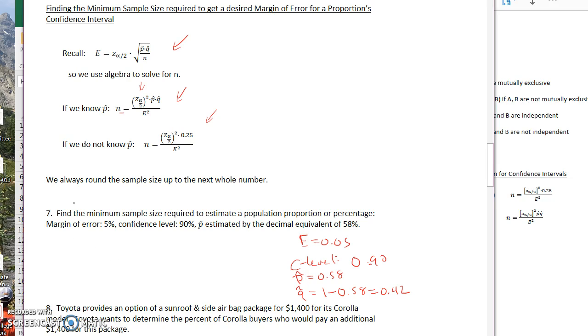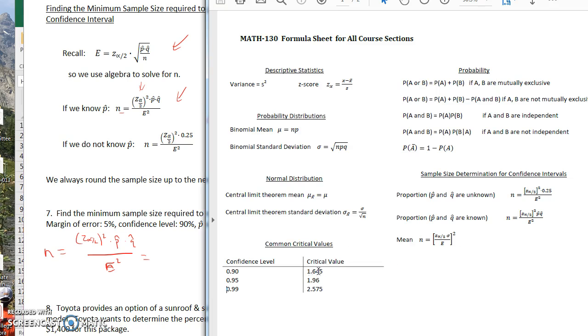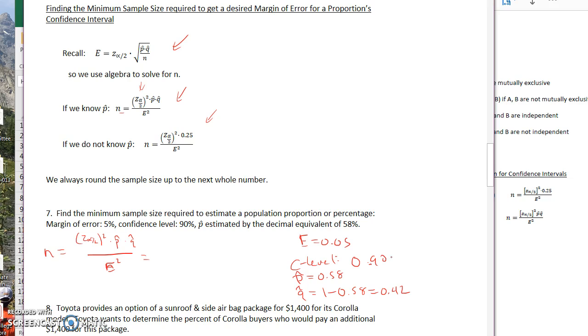So let's see if we can figure out how to plug into this formula. n is equal to z alpha over 2 squared times p hat times q hat divided by our error squared. So let's plug those values in. If our confidence level is 90%, what would that critical value be? We're going to use the critical value of 1.645.